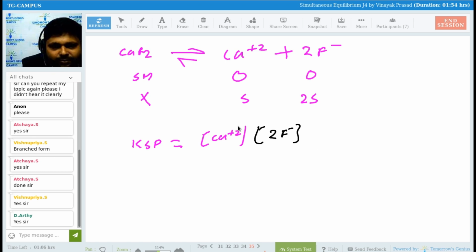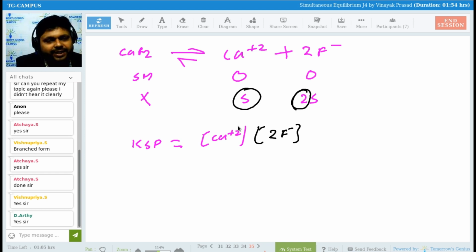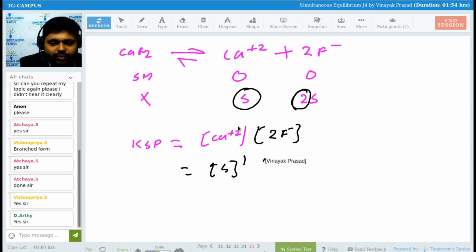This time we also have to see their coefficients. Here the coefficient is 1, and for 1 we do not write anything, but for coefficient 2 we have to write something. So can we write the concentration of S to the power 1 and the concentration of 2S to the power 2? Can we write like this or not? Please tell me, guys. Can we write like this? Concentration of 2S to the power 2.